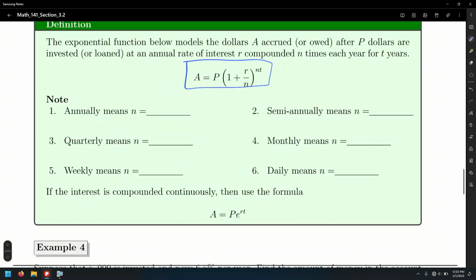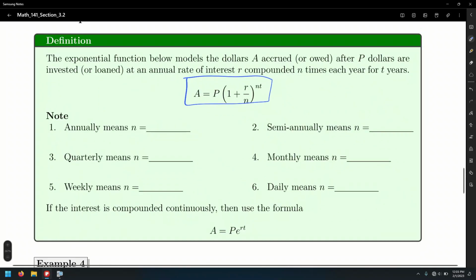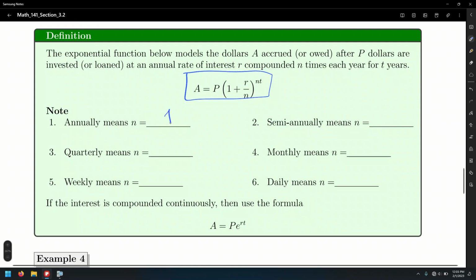Every time we hear the word annually, that means the investment occurs how often a year? What is annual? Once a year. Semi-annually means twice a year. That means n equals 2. Quarterly, how many quarters in a year? 4.